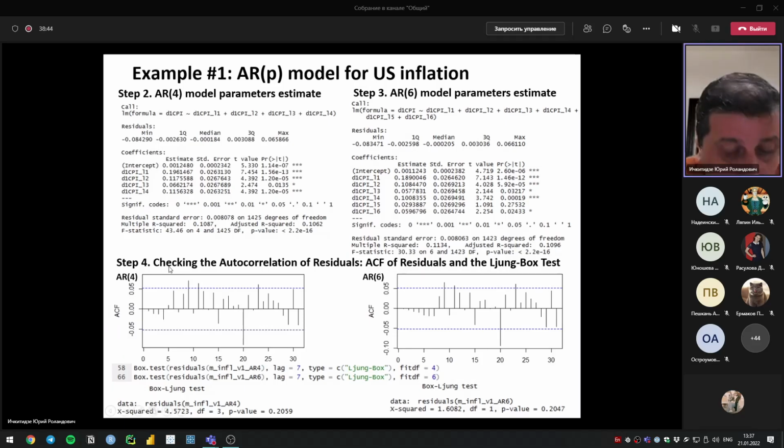To do this, we build an autocorrelation function, ACF, not PACF, but ACF. It's just a regular lagged autocorrelation coefficient. And we see which autocorrelation coefficients are significant.